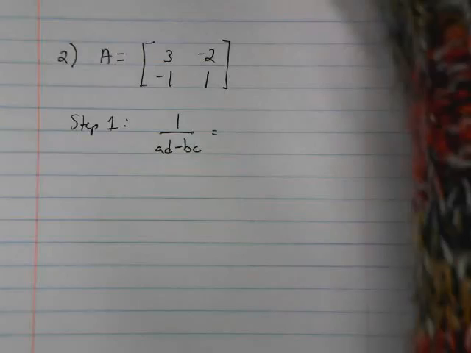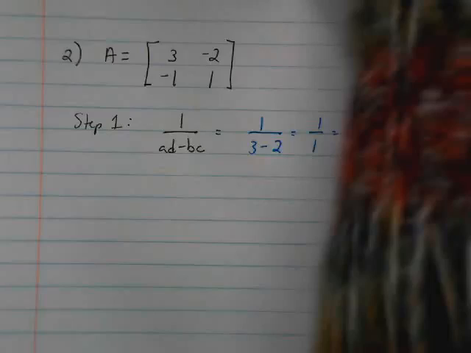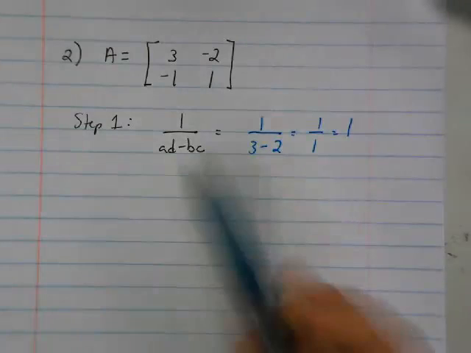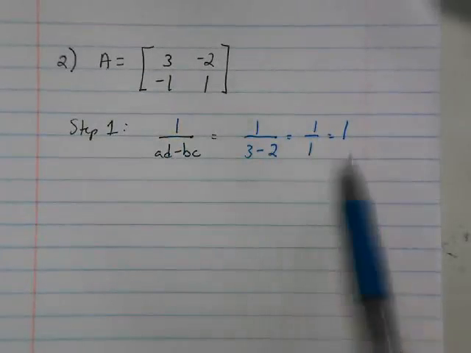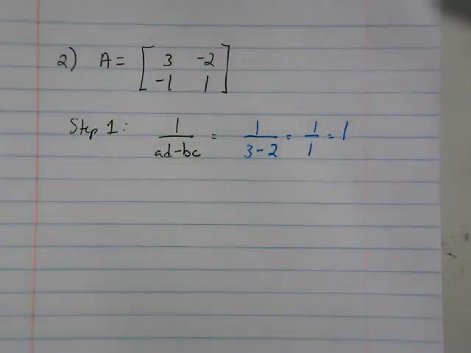Alright, I got 1. I did 3 times 1 is 3, negative 2 times negative 1 is 2, 3 minus 2 is 1.